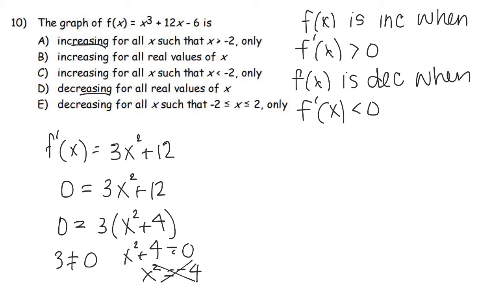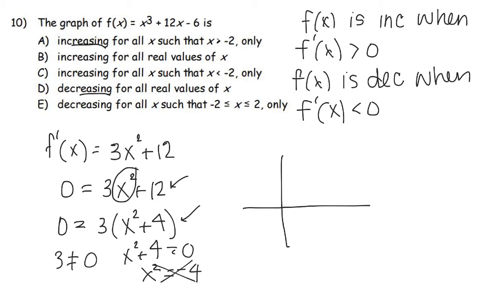Well, that's kind of strange. What's going to happen with this? Let's look at this form here, or even back up here. That's really a parabola, isn't it? I just don't see where that would ever be decreasing.